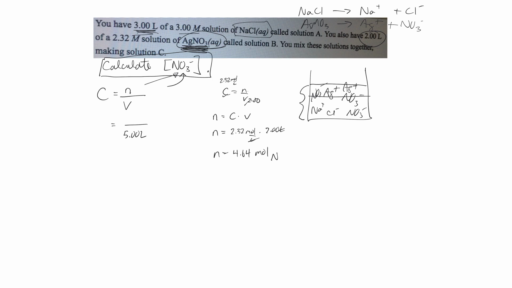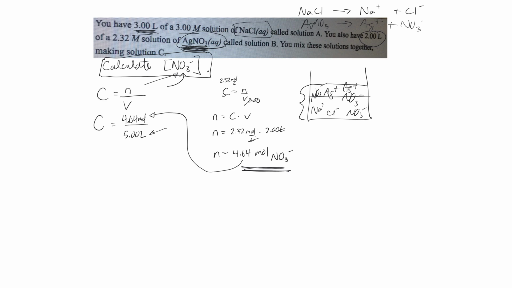So that's how many moles of nitrate ions I have. Now I can plug that number right back in here. Its concentration once you mix them is equal to the number of moles of nitrate ions I have, 4.64 moles, divided by the total volume that they got put in.